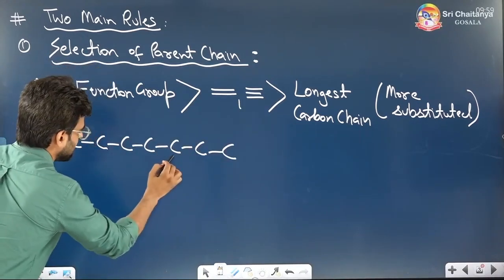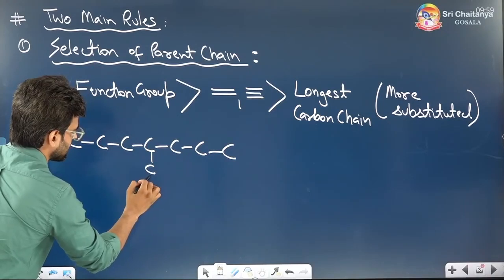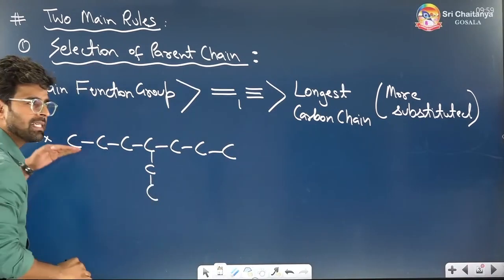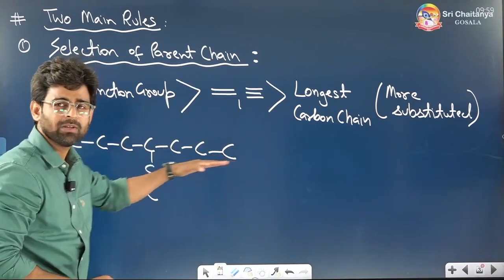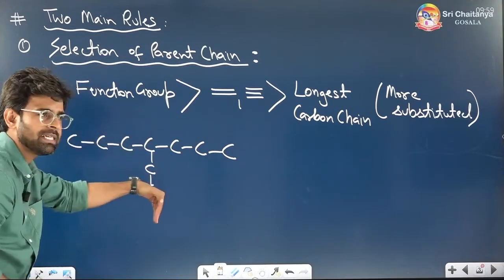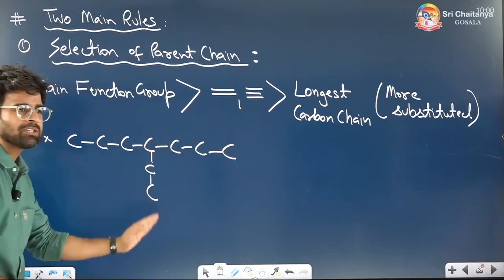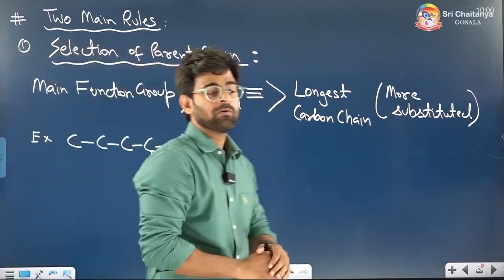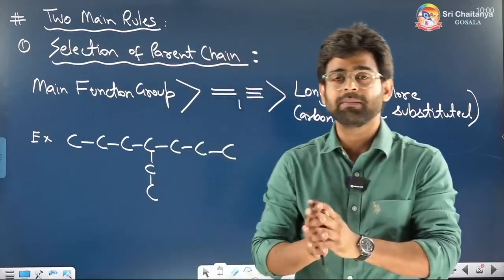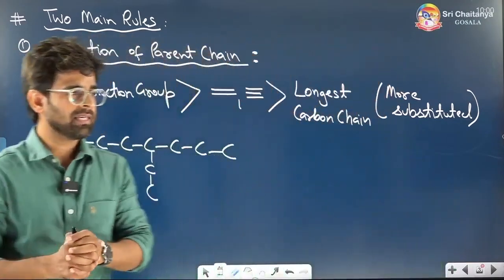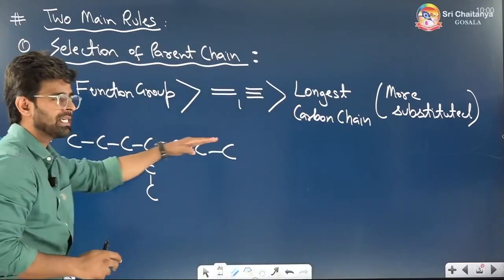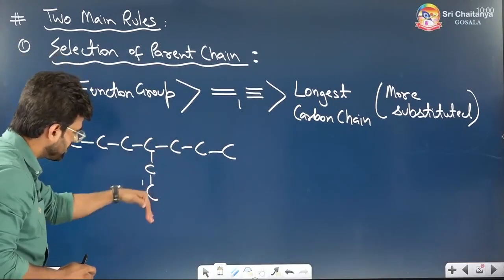Which chain should be my main chain? I should take the straight chain, or this one, or this one.